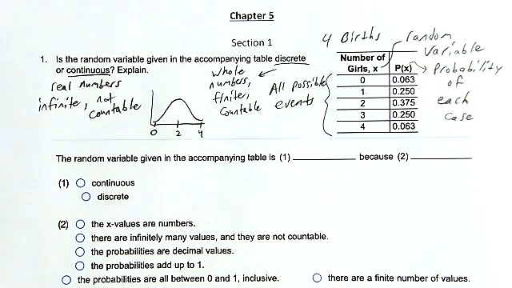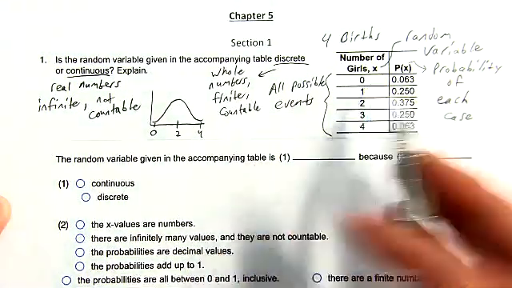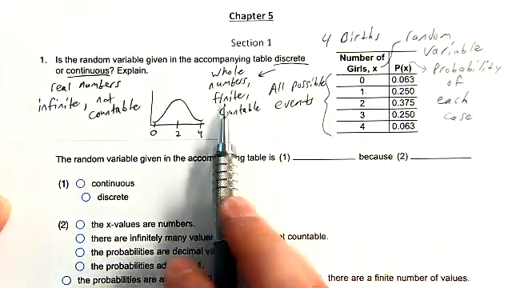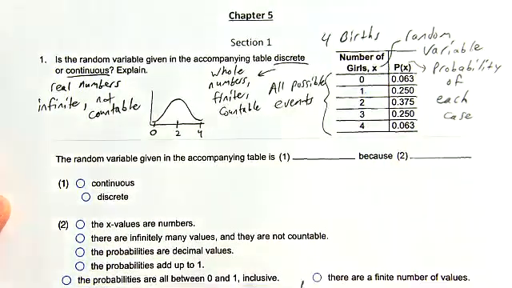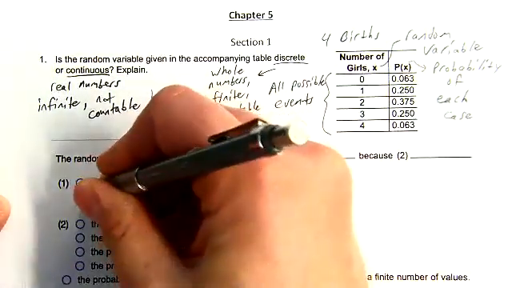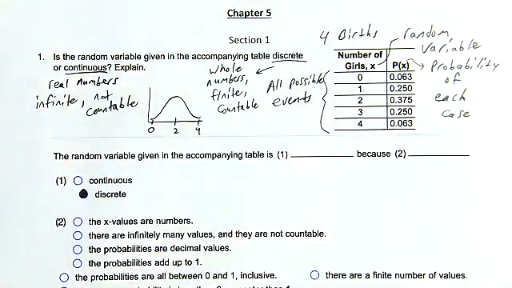This should be pretty simple to answer. So we know that this random variable only has 5 values. So it's definitely countable, and it's definitely finite. It has an end, 0 through 4. So this one would be discrete. In fact, most of the problems we're going to do in this class are discrete variables.